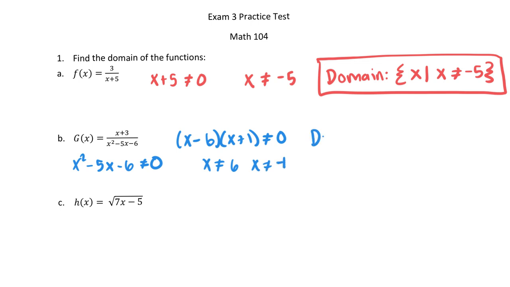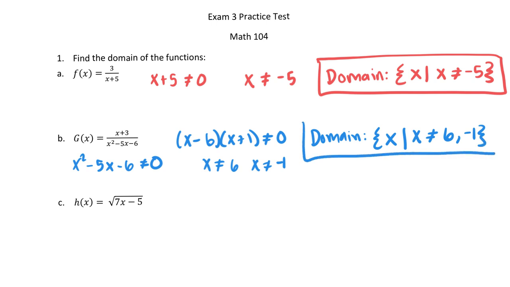So when we write out our domain, we have that x can be all real numbers except x cannot equal 6 and negative 1. Okay, so that's finding the domain of rational functions.